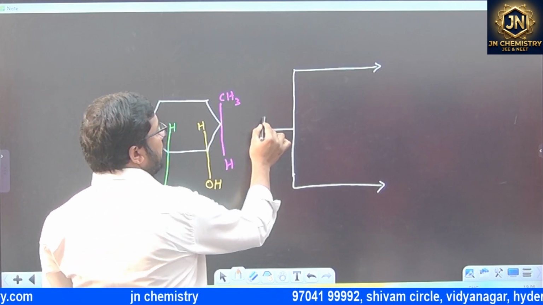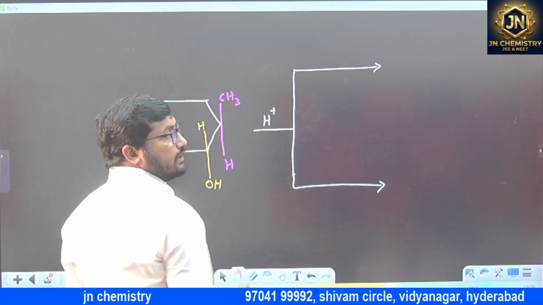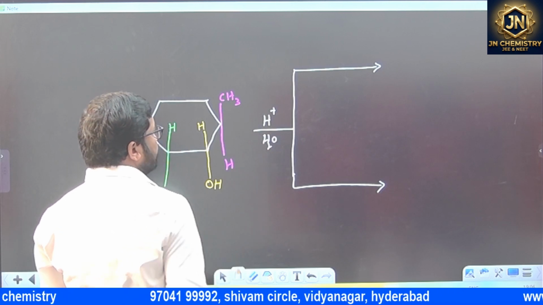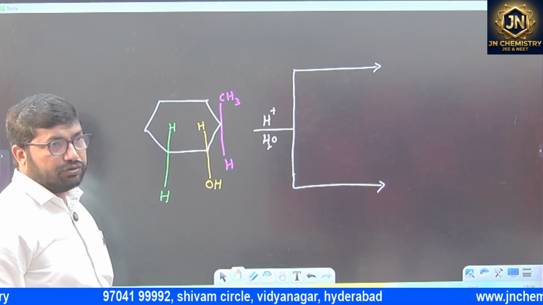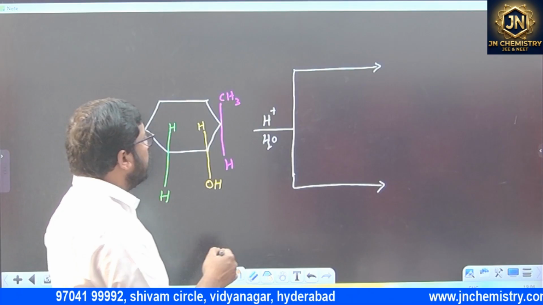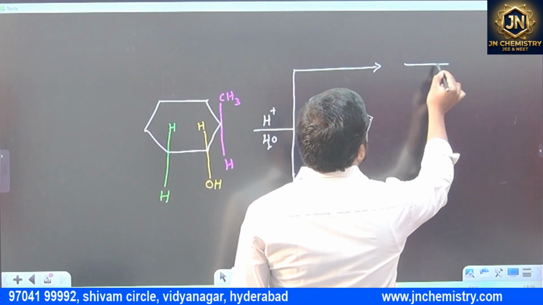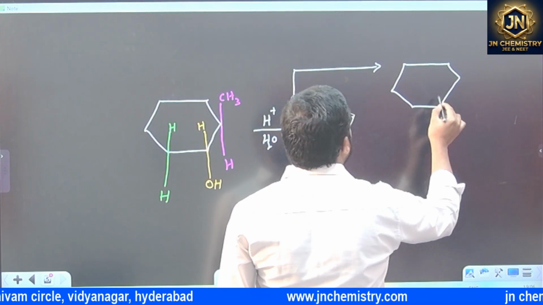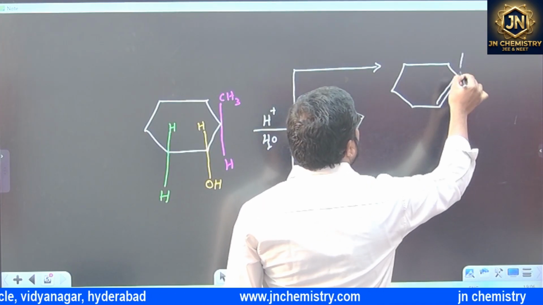If you are using an H plus acidic medium, water is going out. Imagine if OH and the pink hydrogen go, what product will we get? Here we get the double bond and here is CH3.